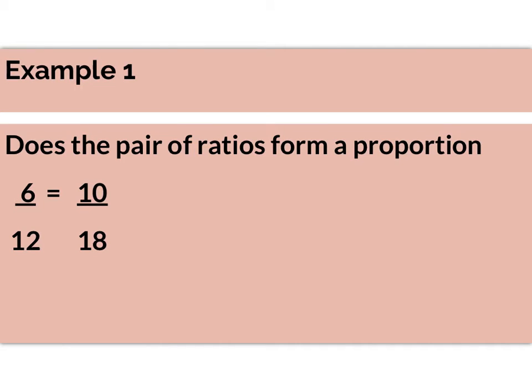Okay, so does the pair of ratios form a proportion? There are two ways to solve this problem. You can cross multiply and see if the numbers are equal. So does 6 times 18 equal 12 times 10? Is it a proportion? Yes or no?